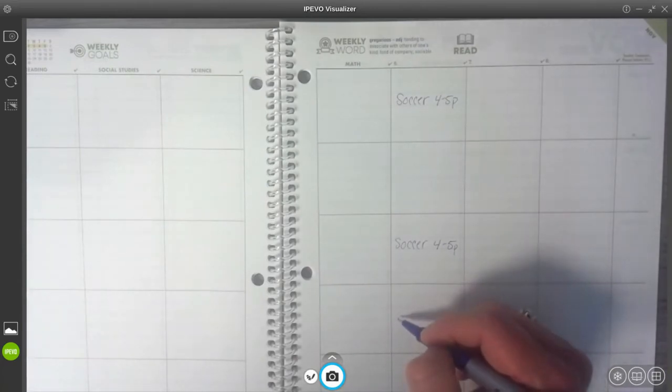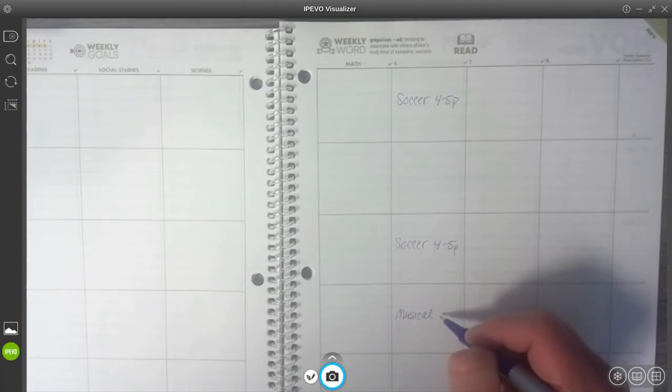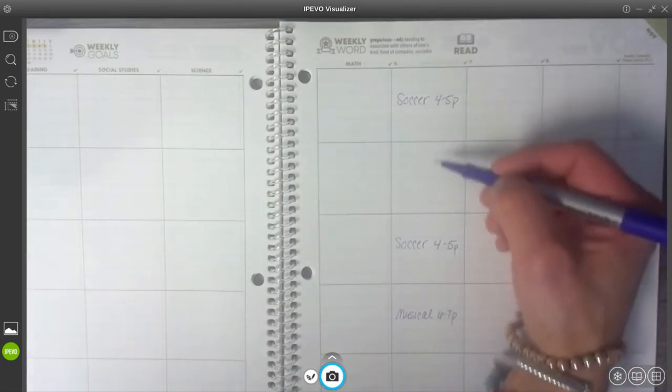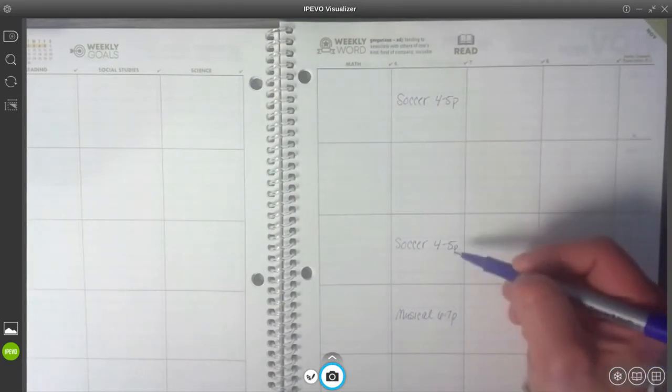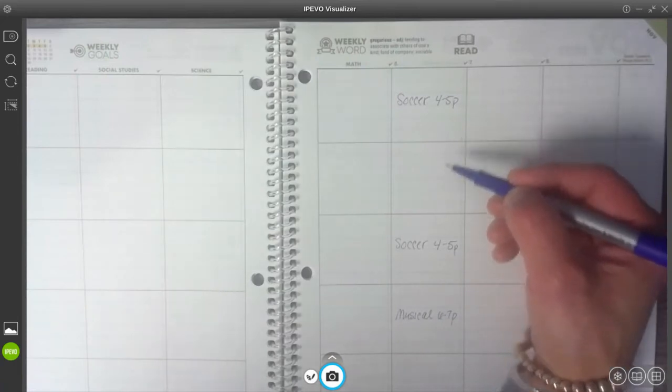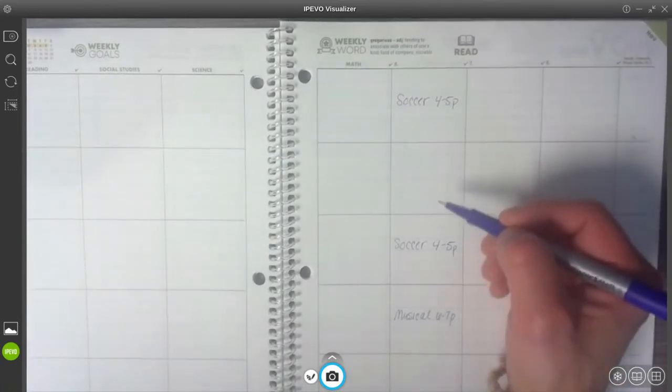Maybe there is a musical that they need to attend, and that's from 6 to 7 p.m. So then that sets the student up knowing that these nights the family might be busy doing something. That will help them plan their time accordingly.